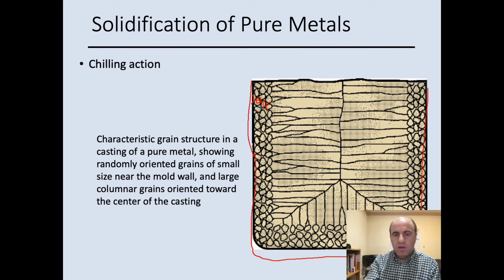Then a little further from the wall, we have long grains, which are called columnar grains, which are oriented toward the center of the casting.